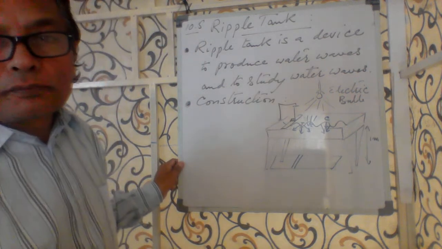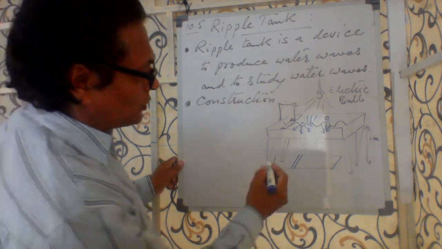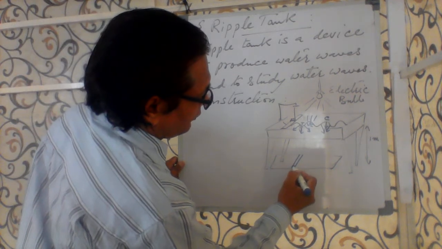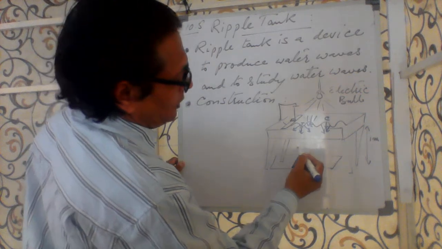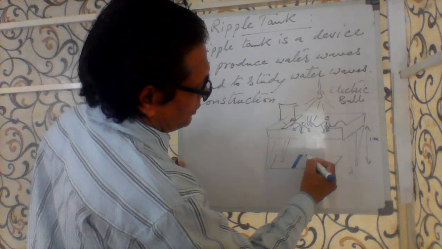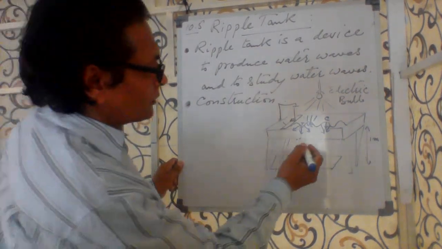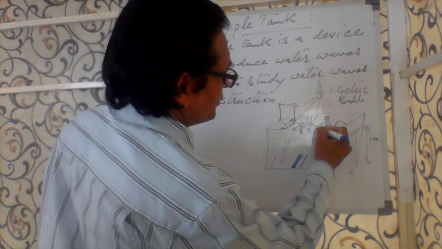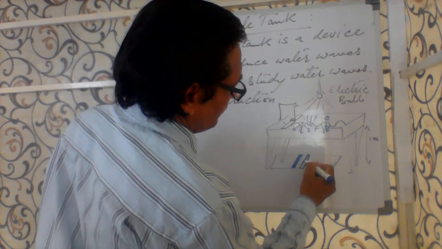So we get dim light and we call it dark fringe. Here it is dark fringe because it is dim. And under the crest we get a bright light. Then again the trough comes and we get a dark fringe.